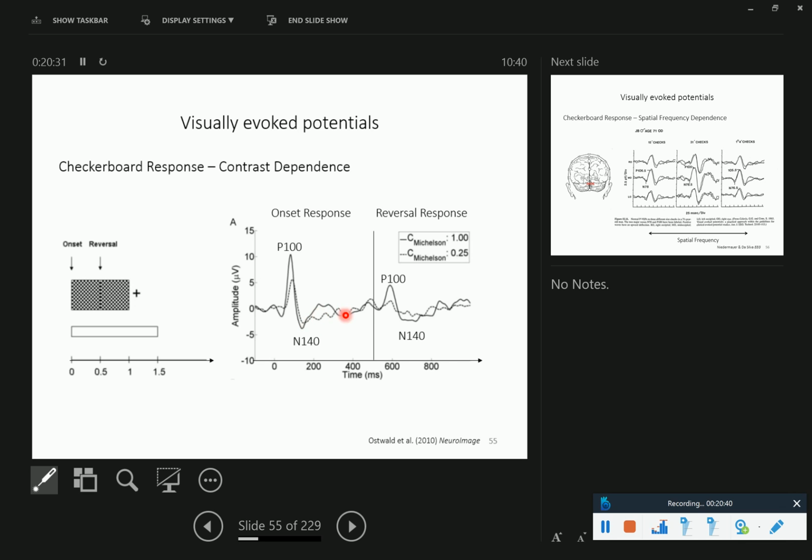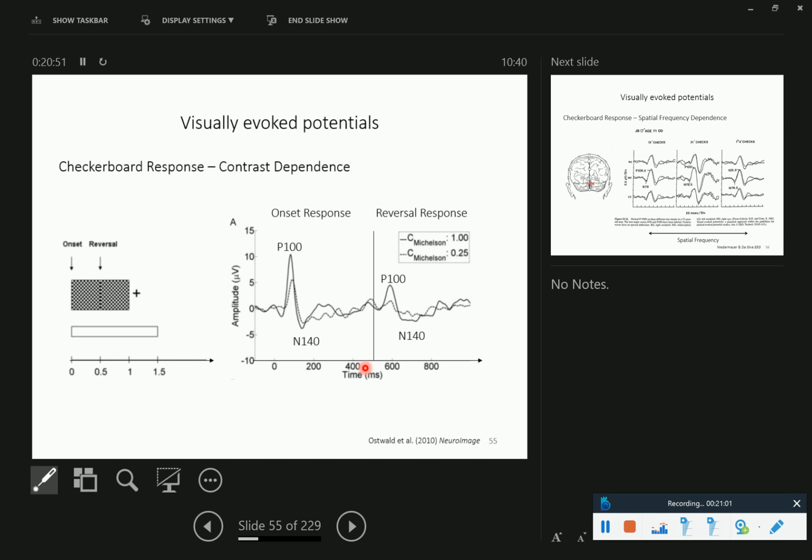And you see that, for example, for the reversal, the response is almost gone, even if you just have a low contrast stimulus, but you still have a stimulus, and the stimulus you can definitely see. So you can drive the EEG and the ERPs well with strong signals and not so well with weak signals.